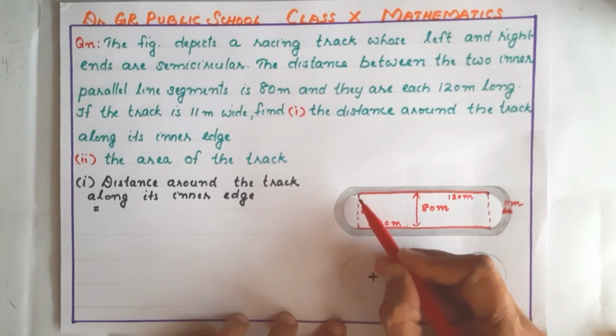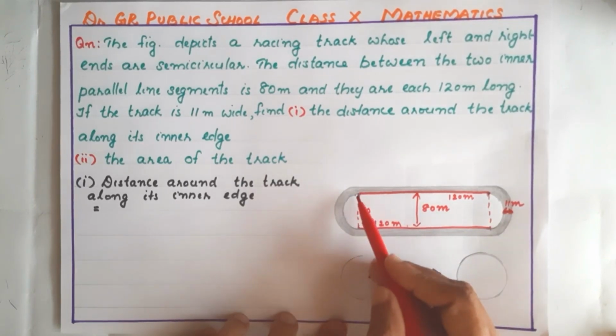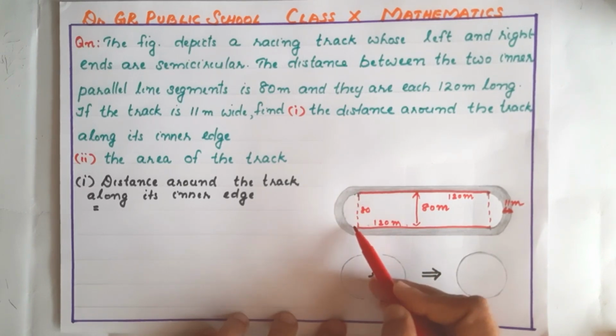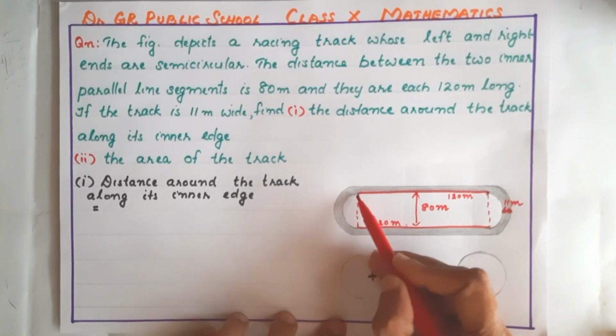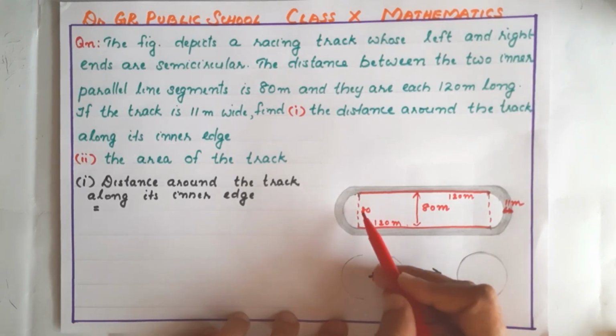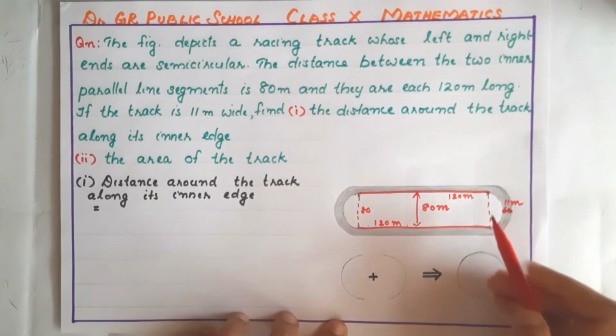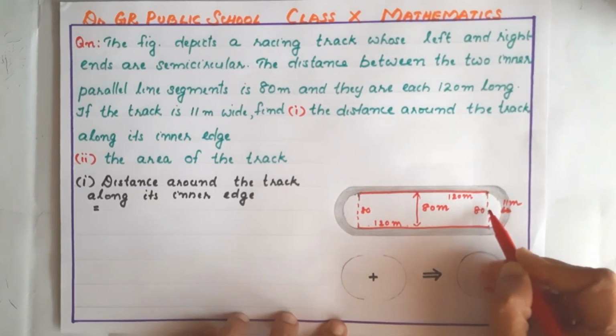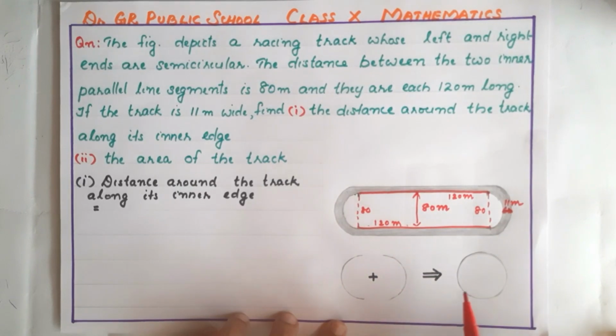So what is this? This is the diameter of the semicircle. Okay, inner semicircle. If the diameter is 80, what is its radius? 40. Half of this 80. So here also this is 80. So the radius is 40 itself.